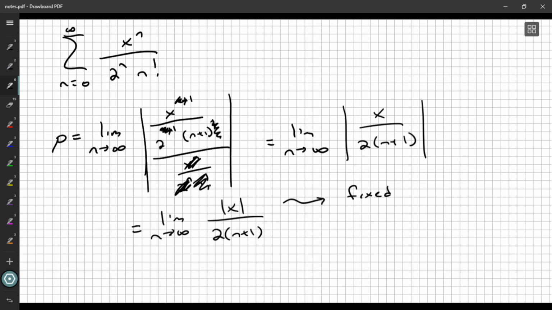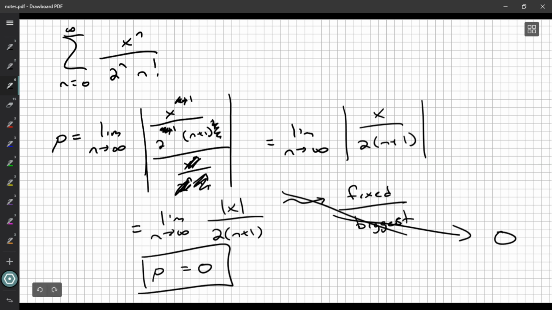As n is changing, x and 2 are unchanging, and the denominator here is just growing and growing and growing. Anything fixed and constant over something that's just getting big, and then bigger, and then biggest, the whole thing's going to go to 0. So it doesn't really matter what x is. Our rho value is going to be 0.